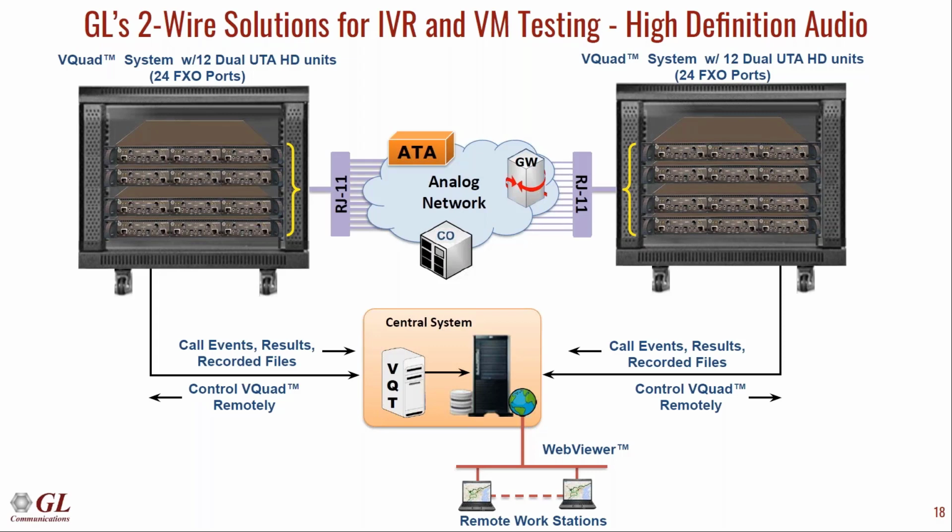Those ATAs are now high definition, meaning that they're going at a rate of 16,000 samples per second. So we can test that on the 2-wire line using this solution. We can also test high definition on mobile, or voice over LTE or 5G, or voice over Wi-Fi, all using high definition voice. So that's all available here.